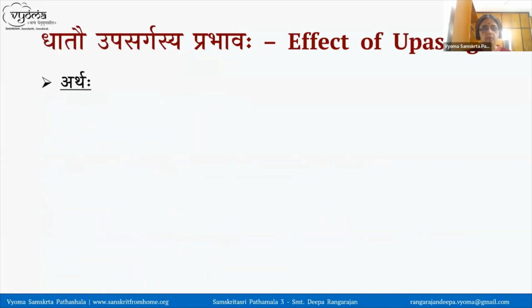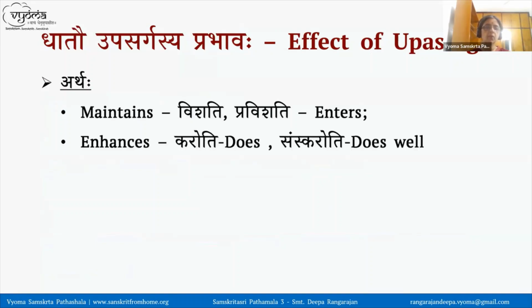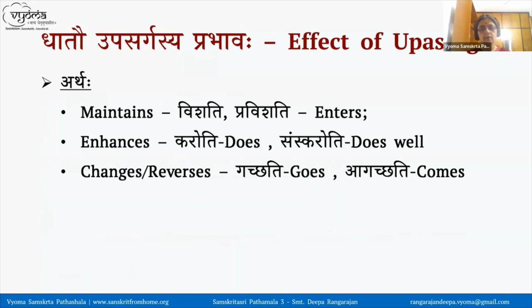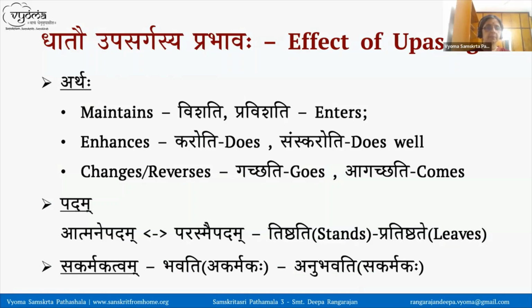The effect of upasarga on a dhatu, in terms of the meaning, can be that it either retains the same meaning, or it can enhance or embellish the meaning, or it can also give a contrary meaning to the dhatu. As far as Atmane or Parasmai Padam is concerned, the type of dhatu with regard to Padam can change from Atmane Padam to Parasmai Padam and vice versa.